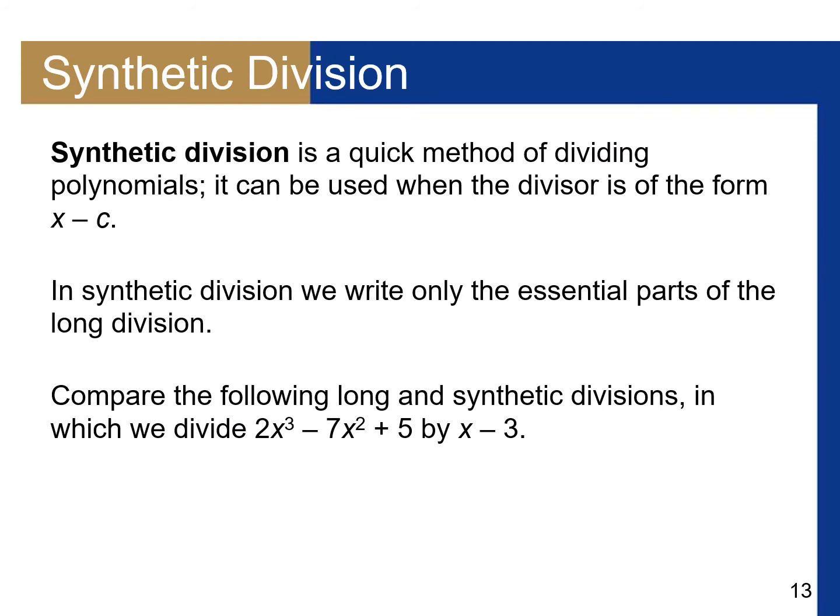So for synthetic division, you're going to use a method of dividing polynomials when you're dividing by a binomial. And we're going to take a look at how to do that. We're going to compare the long division of dividing this by x minus 3 with synthetic division, and you're going to see how much shorter the method is.